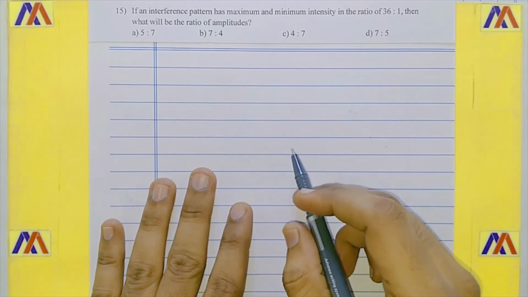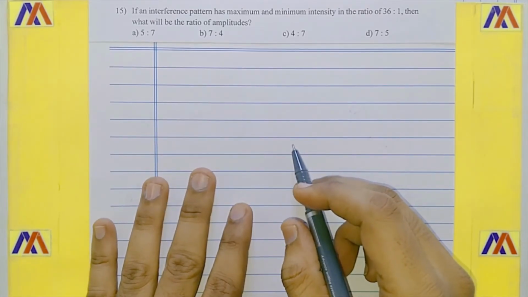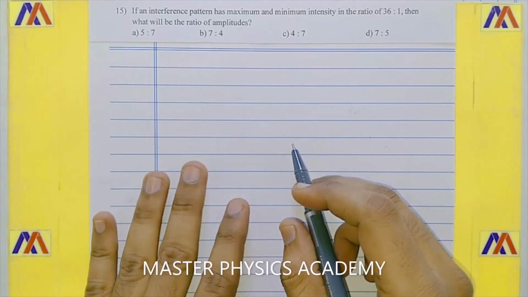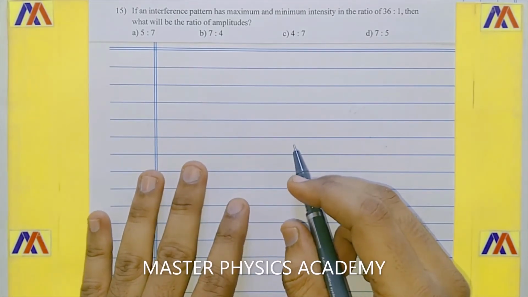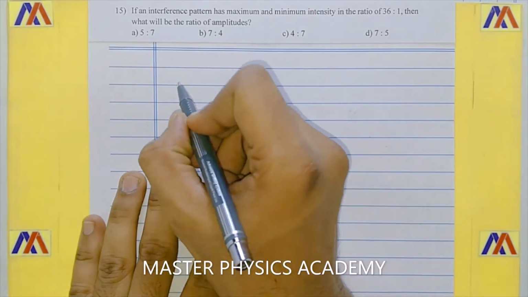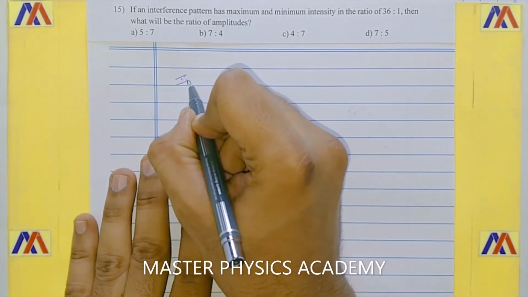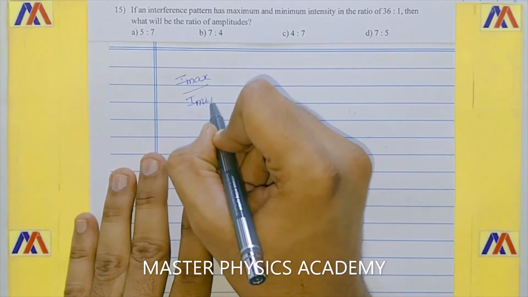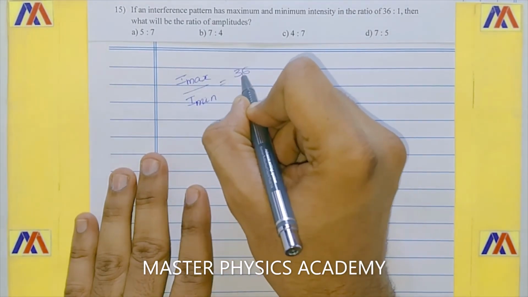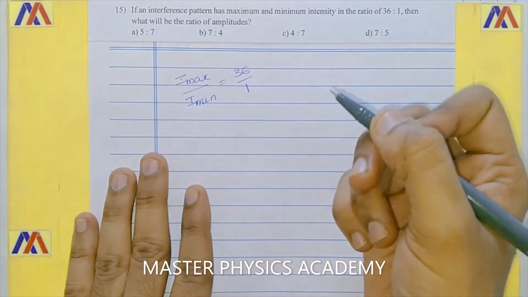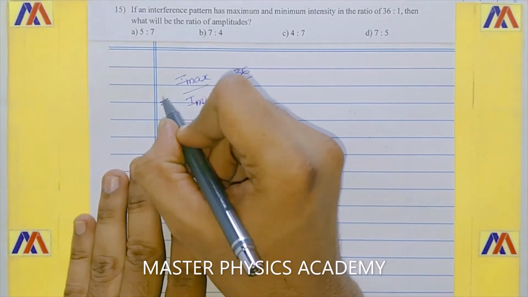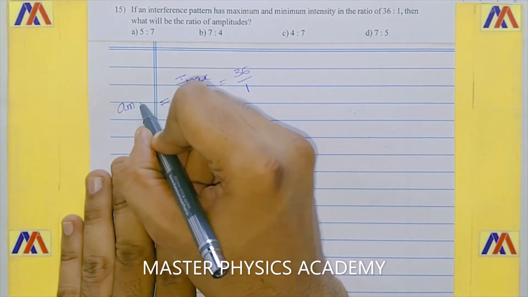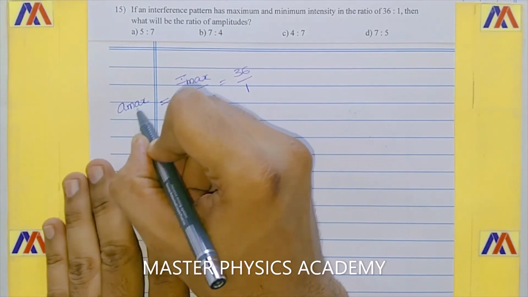If an interference pattern has maximum and minimum intensity in the ratio 36:1, then what will be the ratio of amplitudes? The ratio of maximum intensity to the minimum intensity is given as 36/1. The intensity is directly proportional to the square of the amplitude.